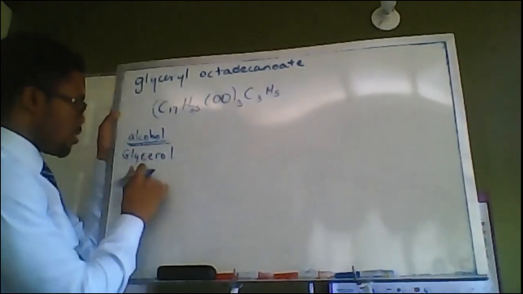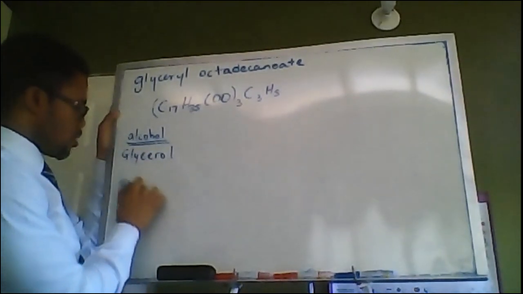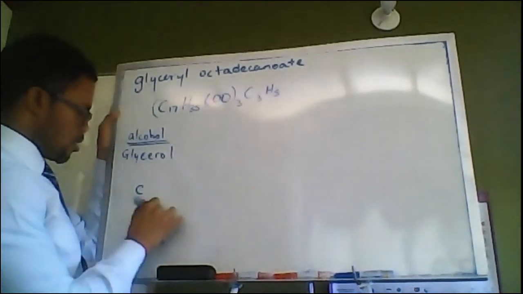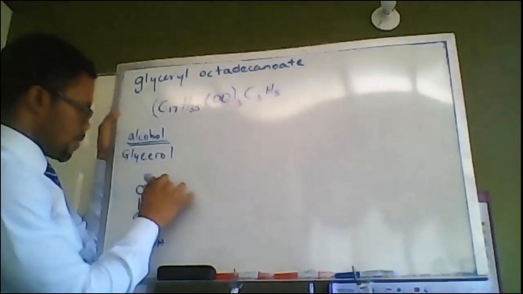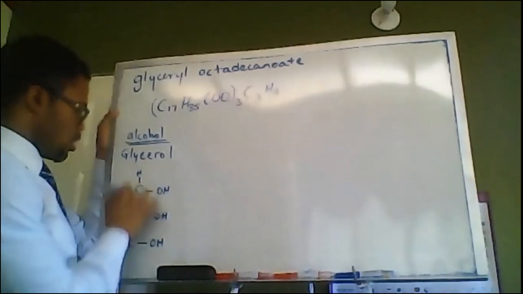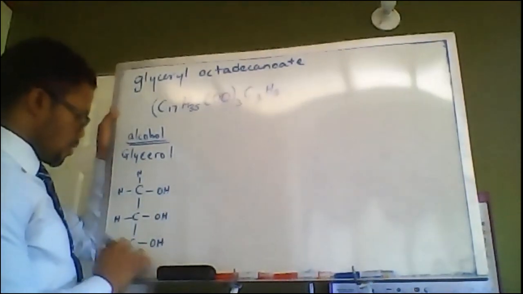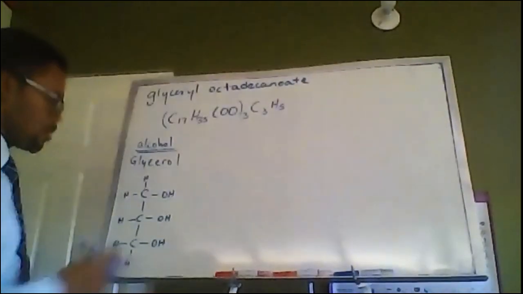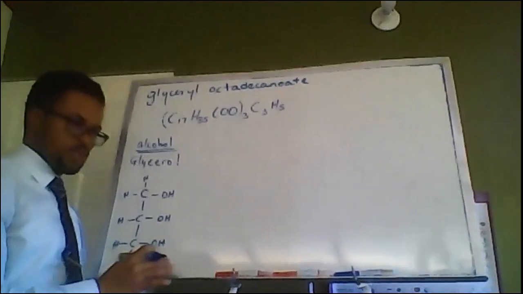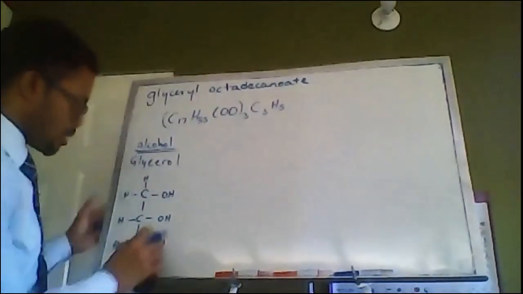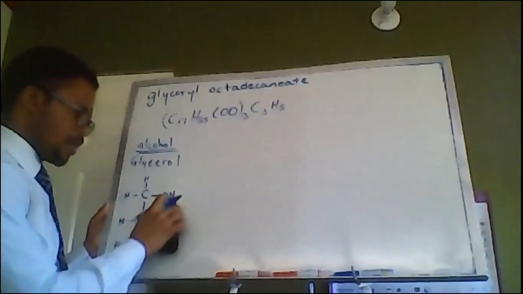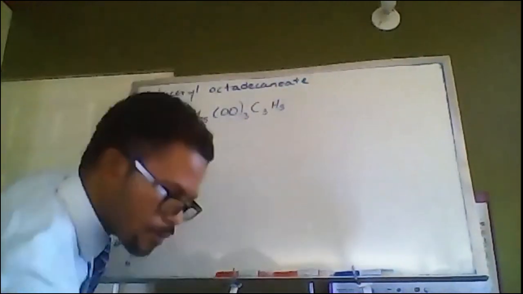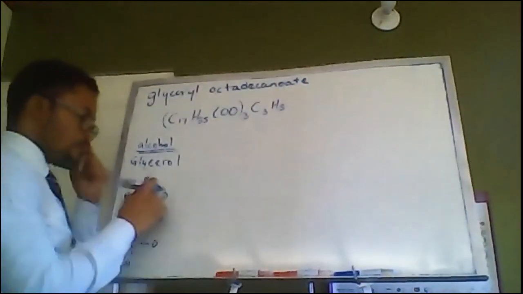Glycerol has 3 carbons in it, connected to 3 OH groups, and each carbon has hydrogens on them. So this is the glycerol portion. I'm just going to erase the H's because I need to connect them to form this particular ester. We'll come back to that after.